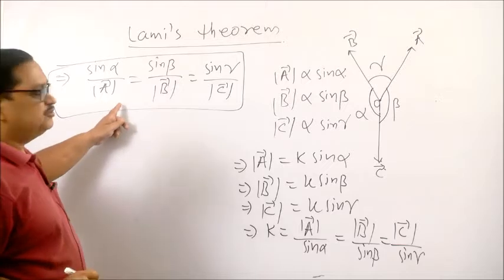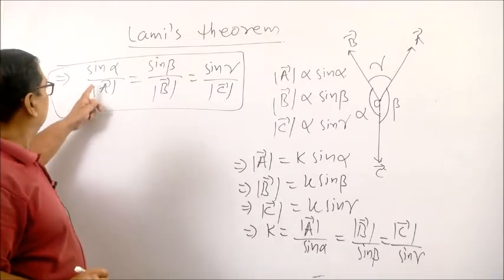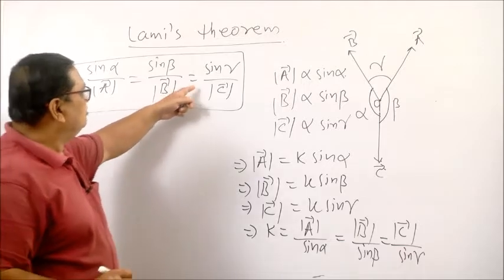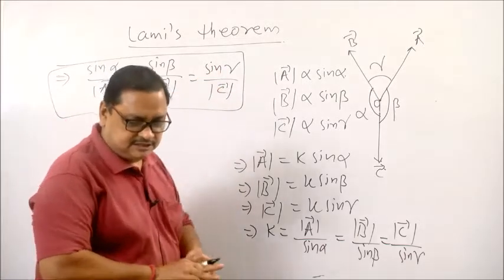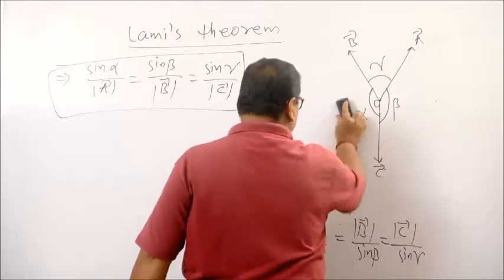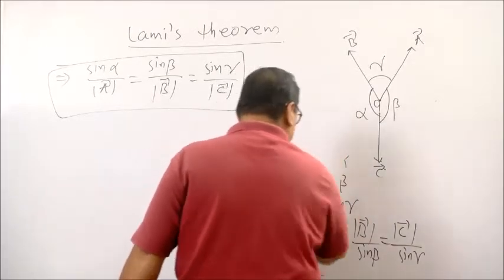So we have to prove this theorem, sin alpha by modulus A equals sin beta by modulus B equals sin gamma by modulus C. Now see how we will prove this formula, which is known as Lami's theorem.